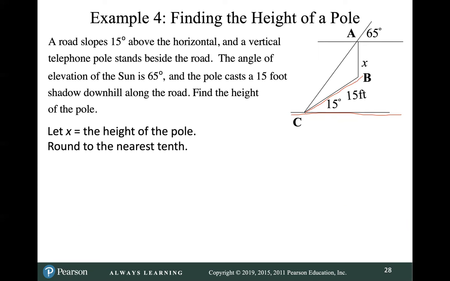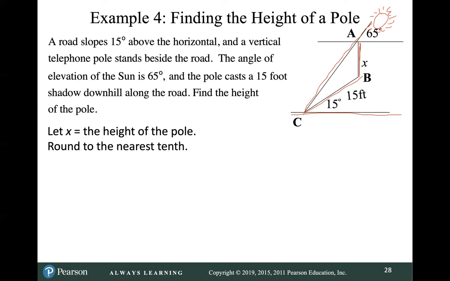And a vertical telephone pole, that's here, stands beside the road. The angle of elevation of the sun, that's represented here, so this would be the sun, is 65 degrees. The pole casts a 15-foot shadow downhill along the road. Find the height of the pole.